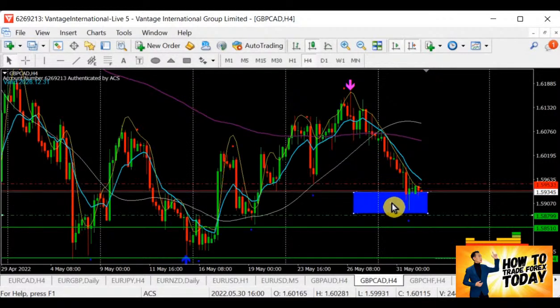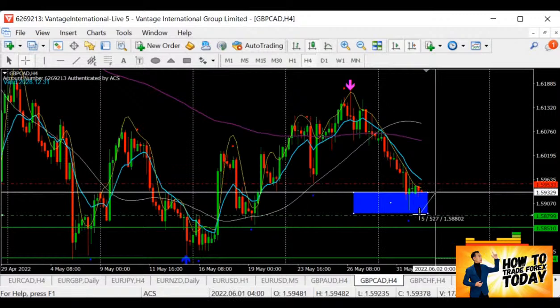There's one profitable space over here. This is good. AUDCAD, we have roughly 37 pips to go.